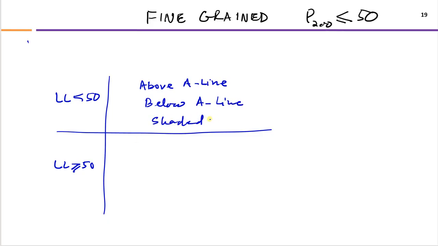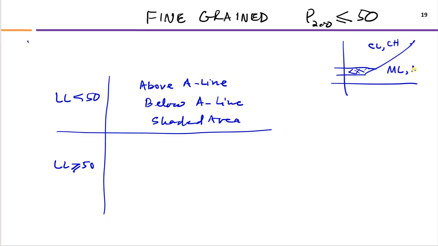Remember, there is a shaded area in the plasticity chart. So this is that shaded area, and this is that A line. Above is CL or CH, and below is ML, MH, and this shaded area is CL-ML. This is a dual classification here.